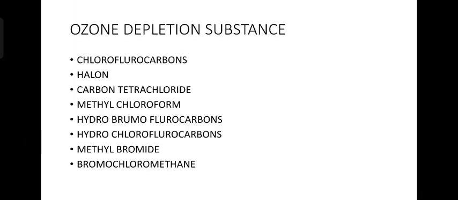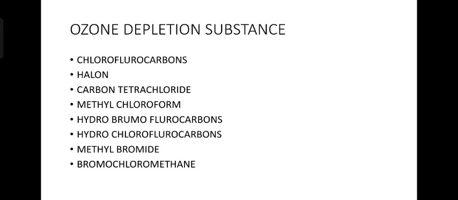Okay, then this is also a very important question: what are the main ozone depleting substances. So I think last time four substances were given, and the question was like, which substance is not an ozone depleting substance.